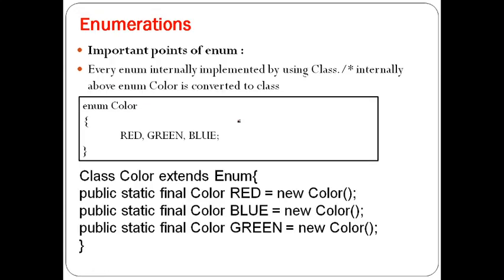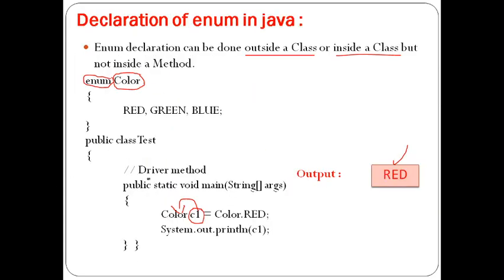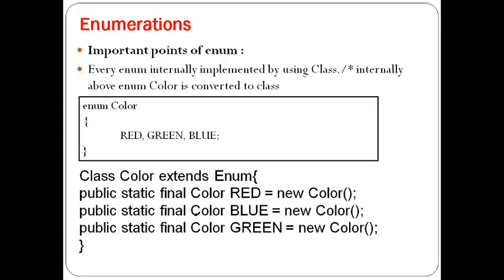And next, this is a very important concept. Whenever we are creating an enum of anything, the compiler does something automatically. In the previous slide I have written Color C1 = Color.RED, so I am creating an object for the Color class. See this particular slide.